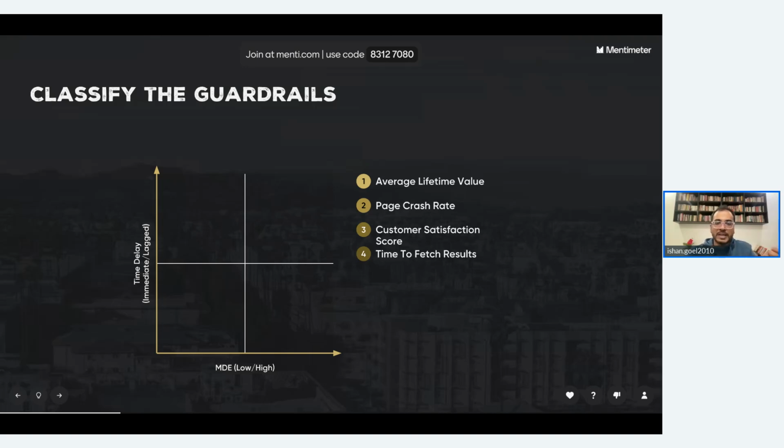Immediate impact would be where the moment you launch the test, you are likely to see the impact in 2-3 days, and lagged impact is where it takes time. So there are 4 metrics, and I want you to select among 5 levels: 0 being low and 5 being high for MD, and 0 being immediate and 5 being lagged for time delay.